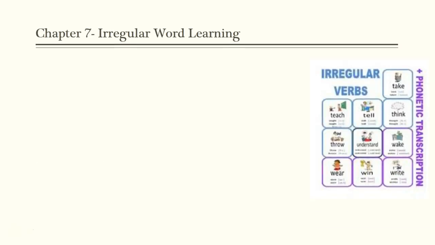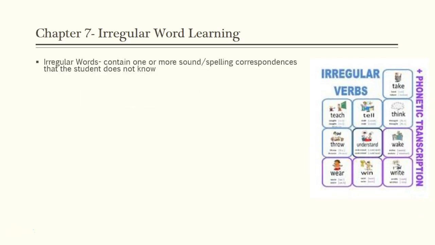All right, lastly, chapter 7 talks about irregular word learning. Irregular words being those that have one or more sound spelling correspondences that the student does not know. So there are words that are permanently irregular, like school, maybe, or was, because they aren't phonetically at all possible.